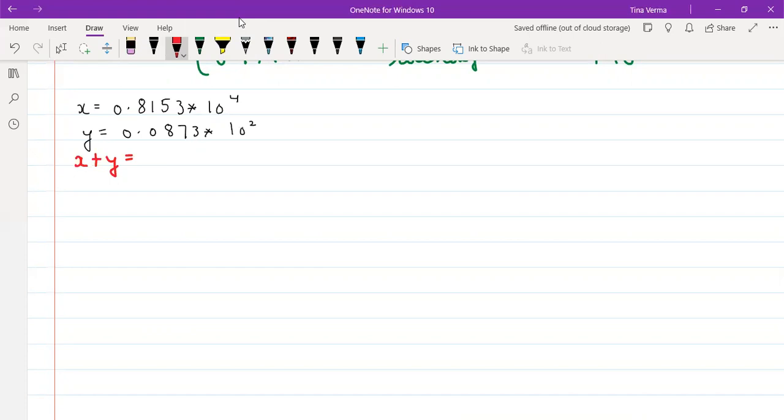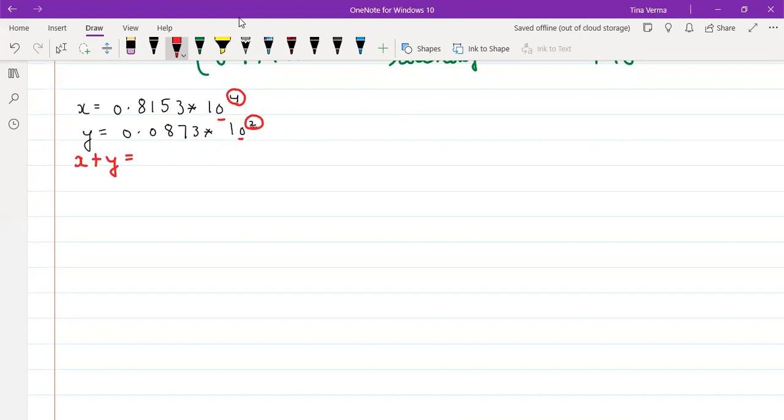Since both have base 10, but the exponent for this is 4, and the exponent for this is 2. So if your exponent is not the same, you can't do the operation of plus and minus. That is, you can't do addition and subtraction. So how will you add? The number which has the smaller exponent, you will make that exponent equal to the greater one.